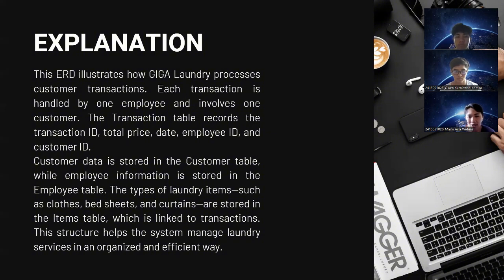Customer data is stored in the customer table, while employee information is stored in the employee table. The types of laundry items, such as clothes, bed sheets, and curtains, are stored in the item table, which is linked to transaction. The structure helps the system manage laundry service in an organized and efficient way. Okay, next.